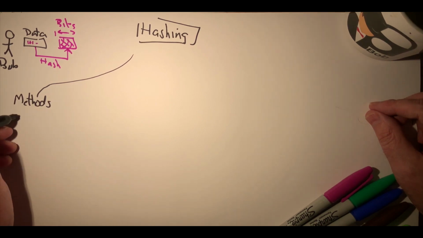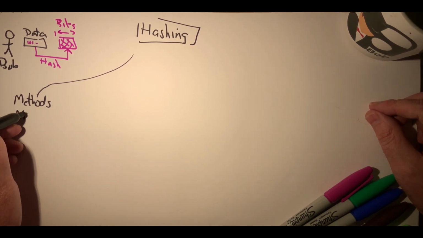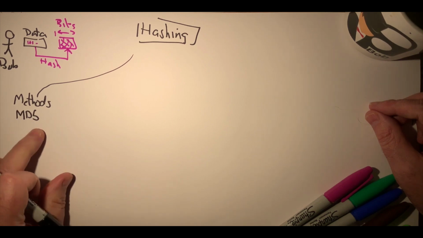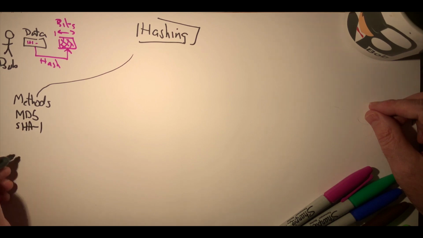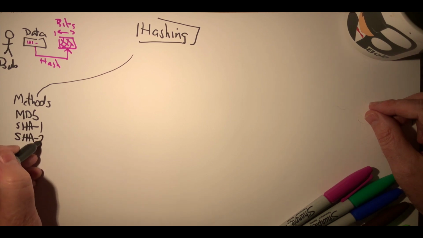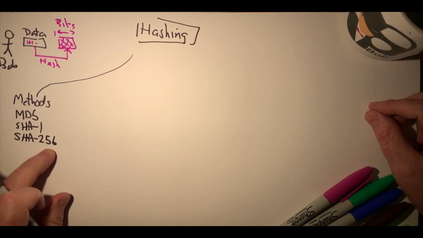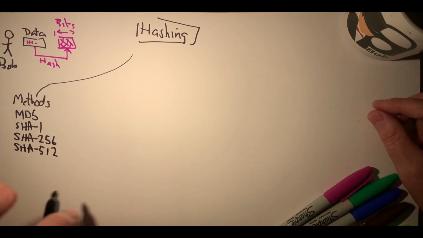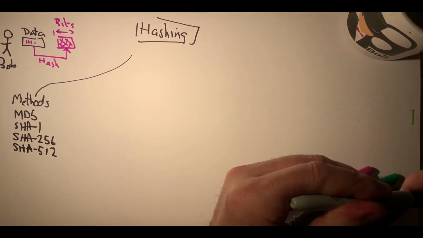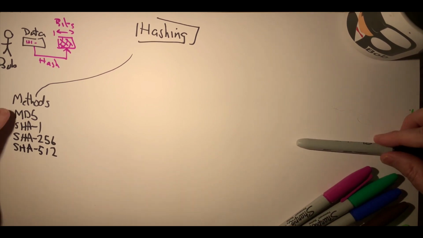One of the most basic methods is the MD5 method. Then we have what's called SHA-1, and then SHA-2, which includes methods such as SHA-256 and SHA-512. Basically, they differ in their methods.